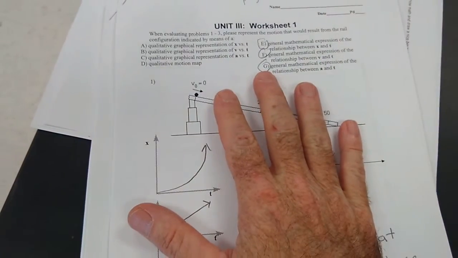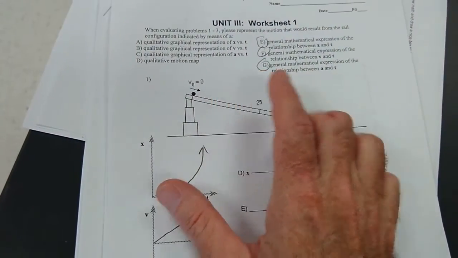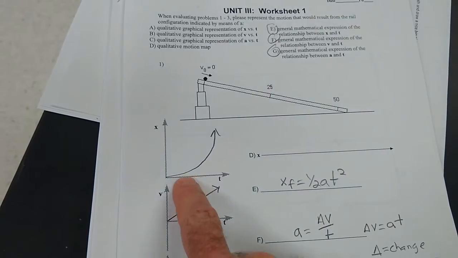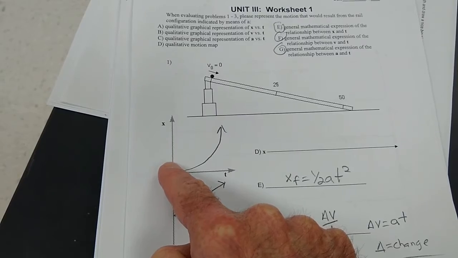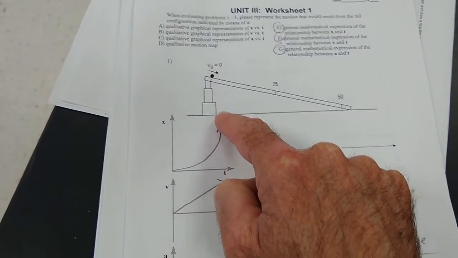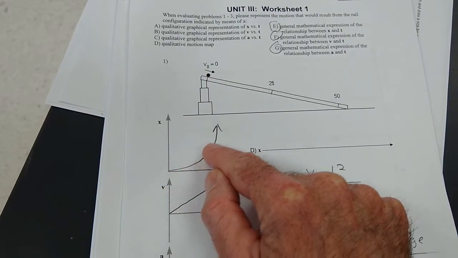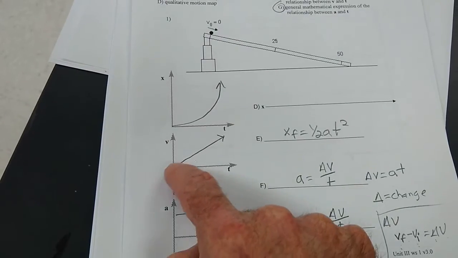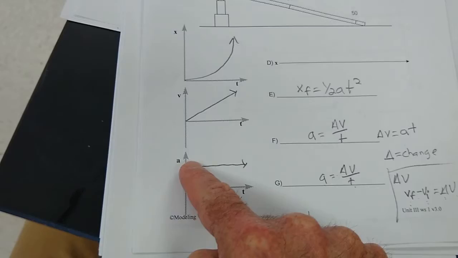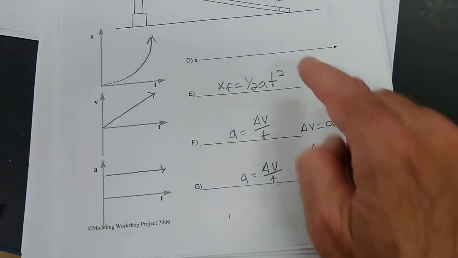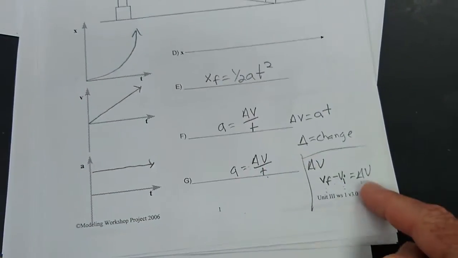Okay, so if we look at page 1, there's your X. The distance is going to be steadily increasing, greater and greater in a smooth curve. Velocity, boom. Acceleration is going to be positive and constant. Here are the formulas you can choose.